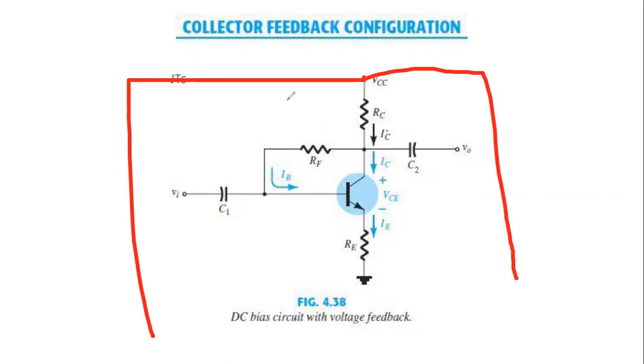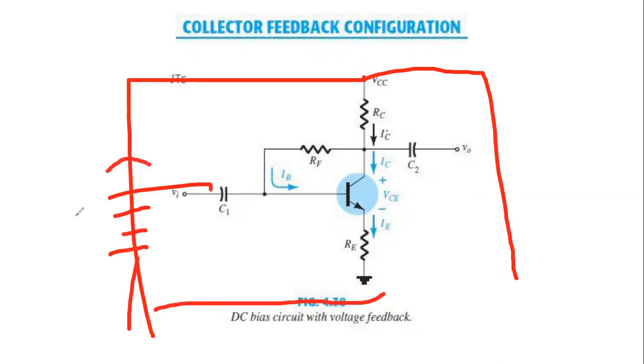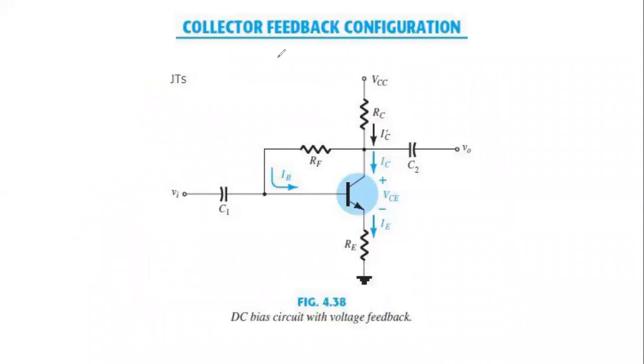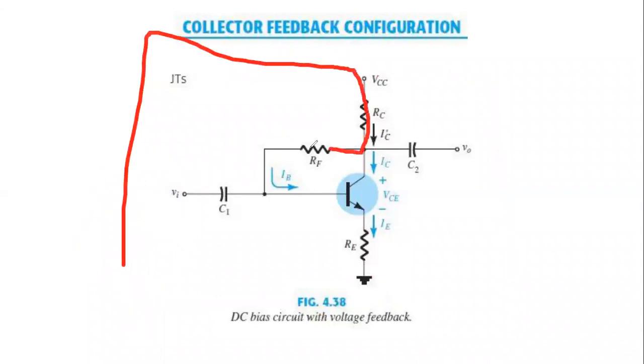When we calculate for the input side, at that time the VCC will be here, and this is the ground connection. So we will apply KVL where this VCC will be there, this resistance will be there, this resistance will be there, this base to emitter voltage will be there, and this emitter resistance will be there. So there will be 5 components where we calculate the KVL for your input side, because at that time it will go this way.